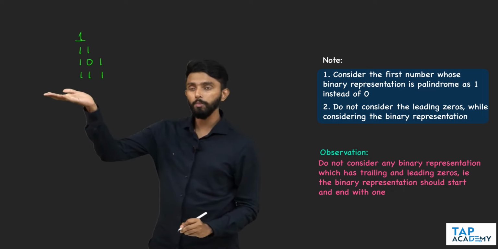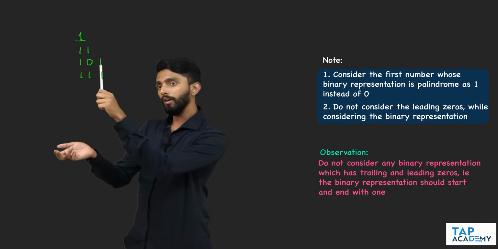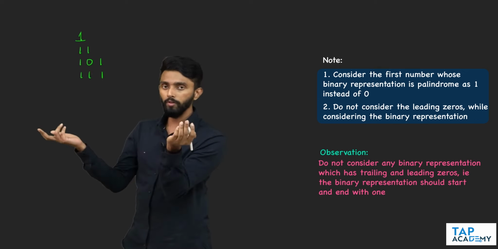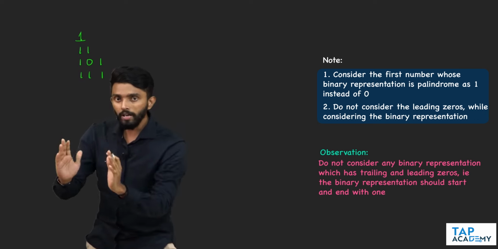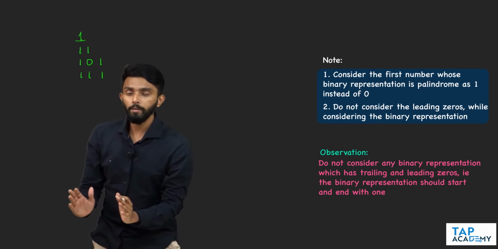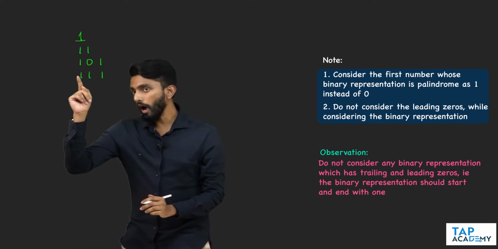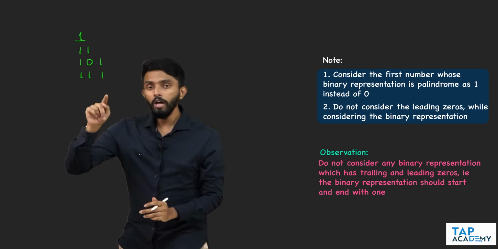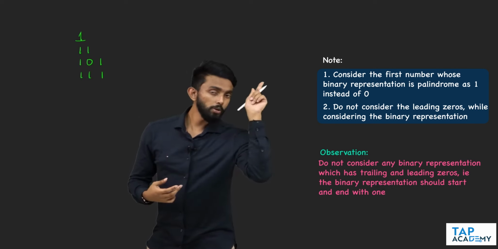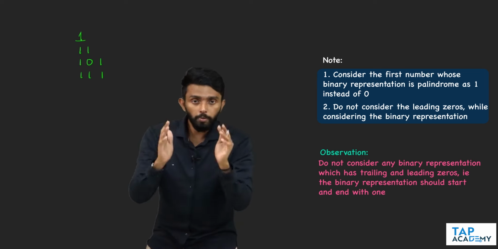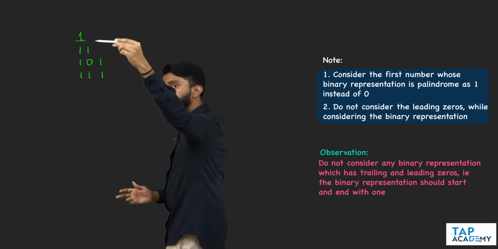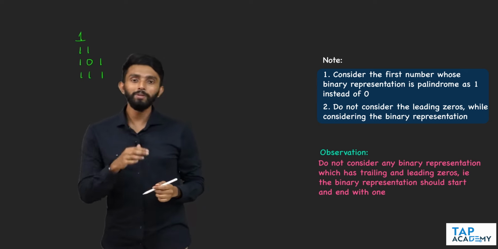All these are acceptable. They are starting with 1, ending with 1. In between you can change in whichever way you want. But one thing I understood is all my palindromic binary representations are going to start with 1 and end with 1. Not because I said so, because the problem is asking you to not consider leading zeros, and the problem is telling you to start with 1. Hope you're able to think.